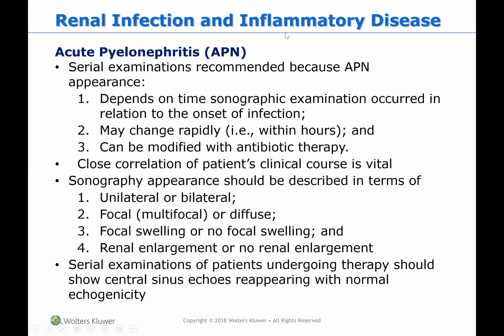I heard that sometimes with pyelonephritis, if you would have scanned me in the ICU, you probably would have seen some swelling in the cortex of my kidney and maybe potentially a little bit of renal enlargement. But honestly, it's just vague on what it's going to look like.